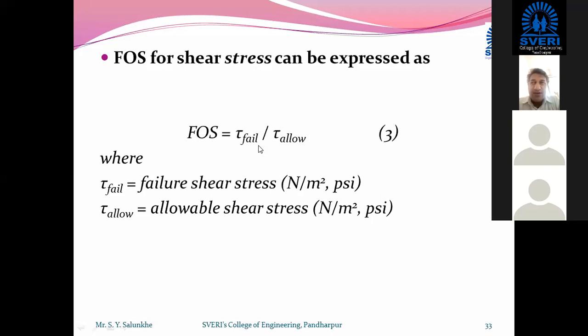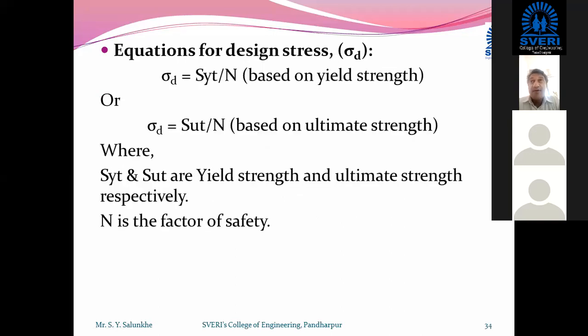Suppose 10 Newton is the force applied on the component for normal working condition, then that will be the allowable force, whereas failure force will always be greater than that allowable force. So here we have completed this concept of factor of safety.